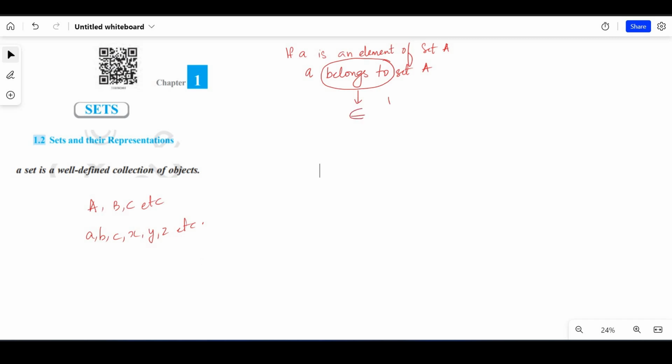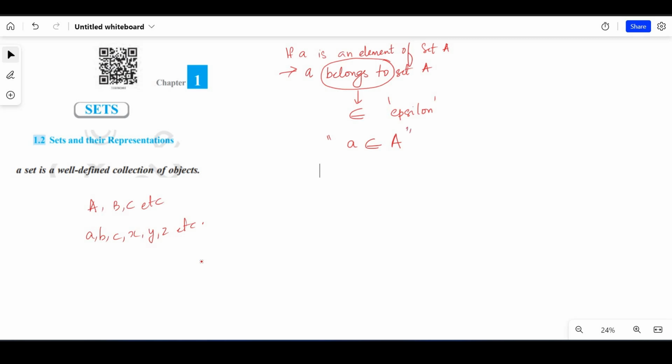So we can write a epsilon A, which means a belongs to set A.